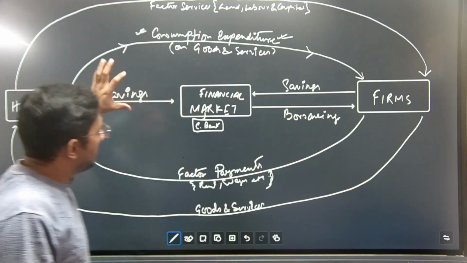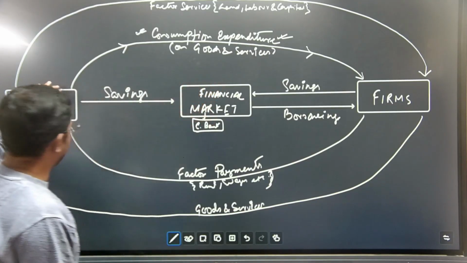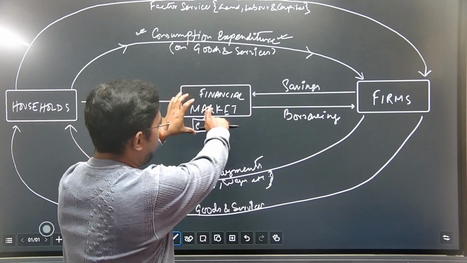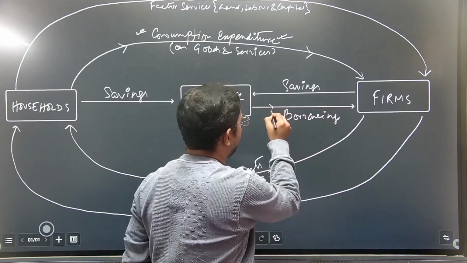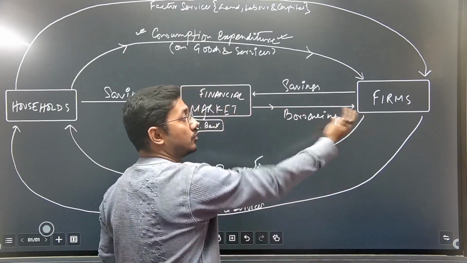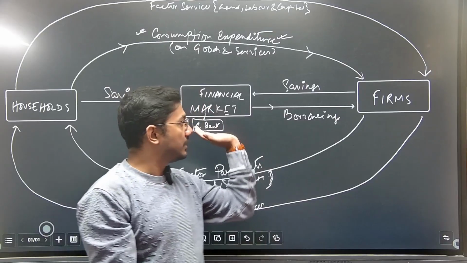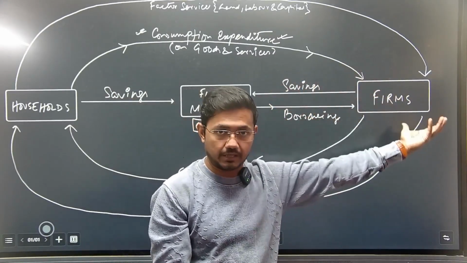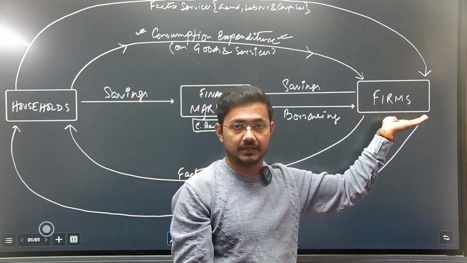All right. Now, what is the financial market doing? See, this is the point where we started. The fund is flowing. The financial market will give that money to the firms in the name of borrowing, or they will grant loans to the firms. The financial market or banks will give money to the companies, to the business houses, to the factories, industries, to take money from us and do economic activities.